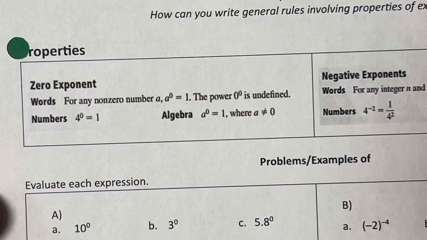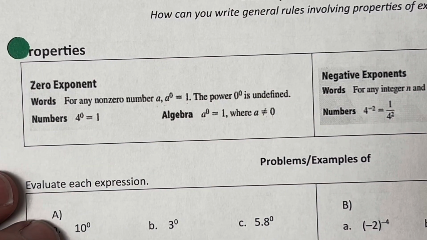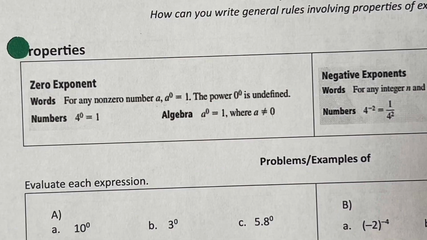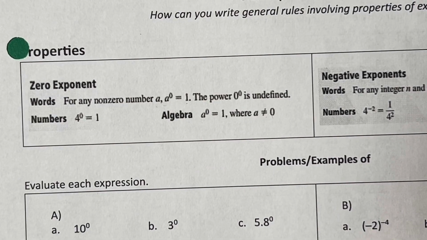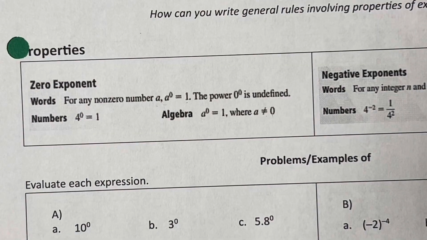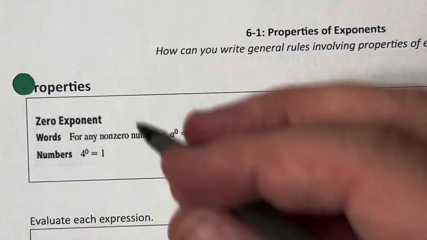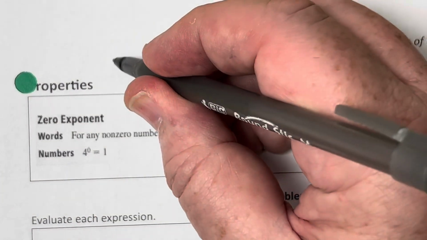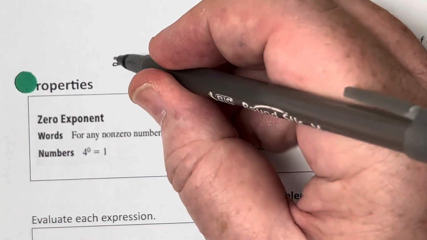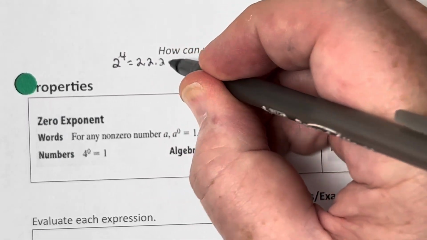They didn't just make that rule up, like saying, all right, anything to the 0 power will equal 1. You can actually prove that when you look at the patterns of exponents. Just as a couple of examples, 2 to the 4th power would be 2 times 2 times 2 times 2.